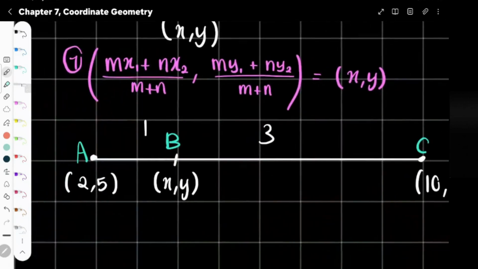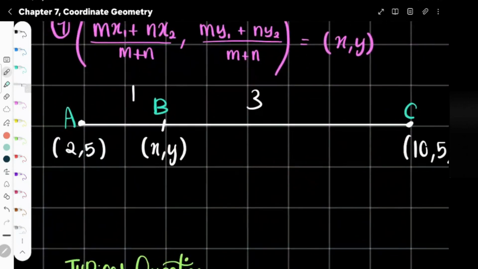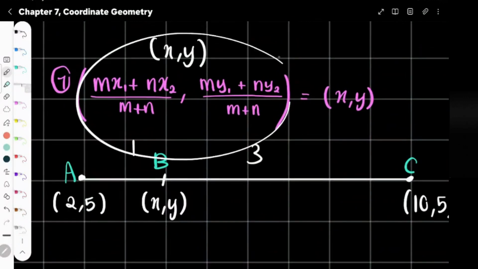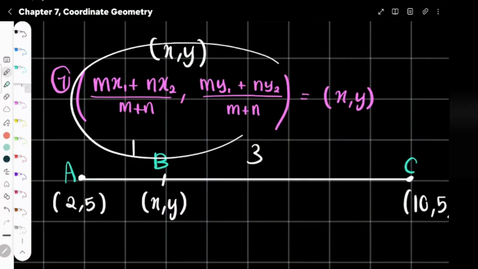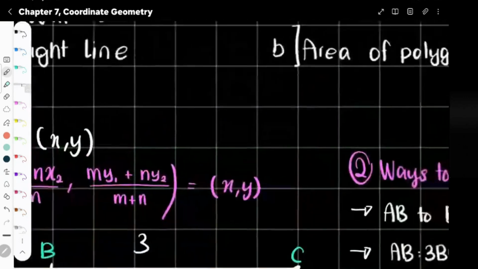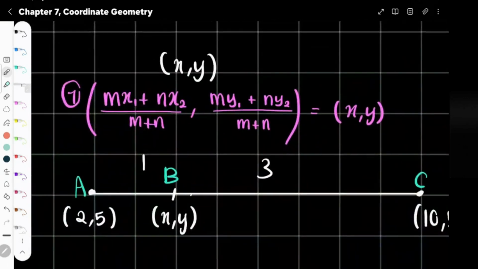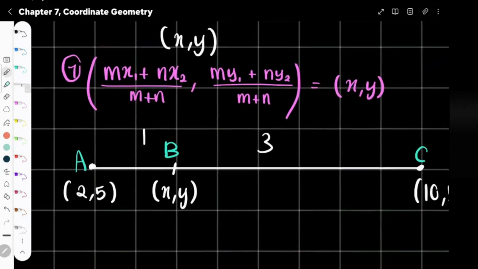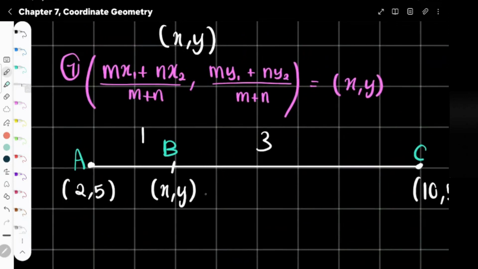So let's use an example here. There's a straight line, and you can try using this equation. By the way, this equation is to find the line divisor coordinate, the point that divides the line into two parts. So this formula will be used to find the middle part, to find where it divides the line.